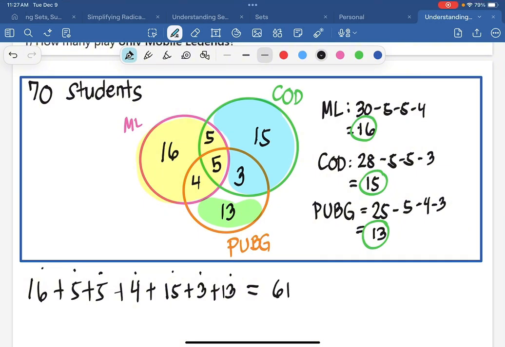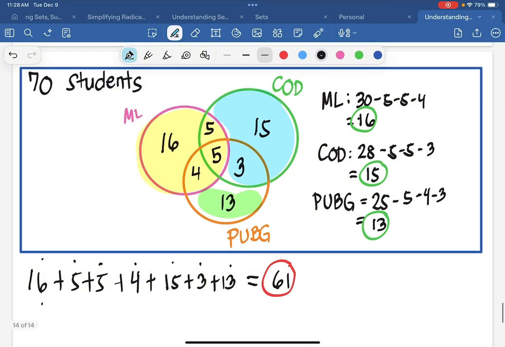So the total number of students who play online games is 61. Now, obviously there are 70 students, so to find the complement, we just need to subtract the total minus the total of the union, which is 61. So 70 minus 61 is 9. So there are 9 students who don't play any of the gaming platforms.